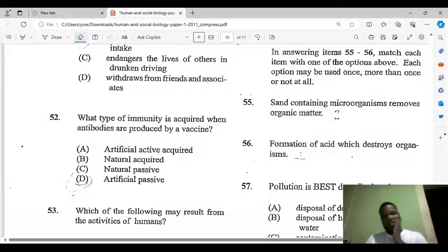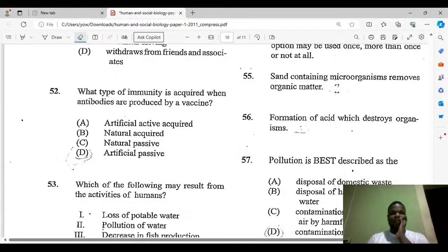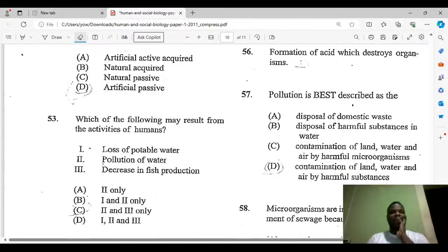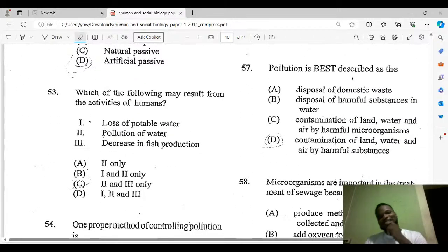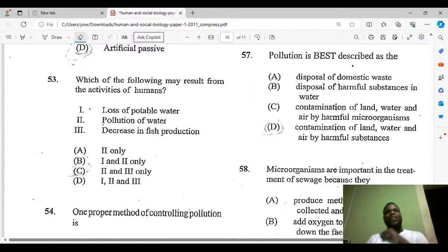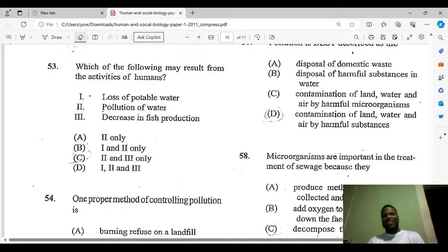All right, moving on. Which one of the following may result from the activities of humans? Is it loss of potable water? Is it pollution of water? Is it decrease in fish production? I'm seeing C. Pollution of water, decrease in fish production.